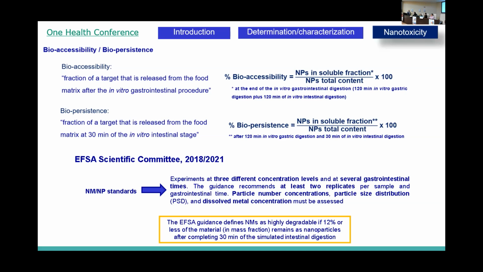And the guidance says that we have to consider a nanomaterial or nanoparticle as highly biopersistent if this biopersistent ratio is higher than 12%.